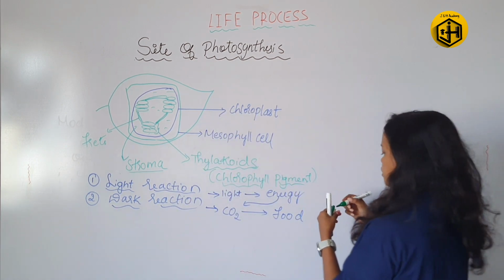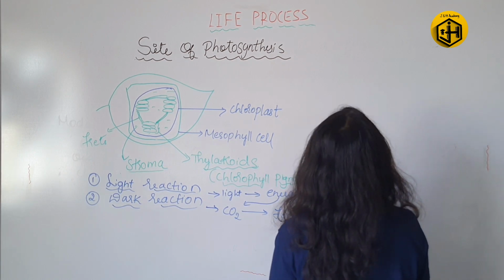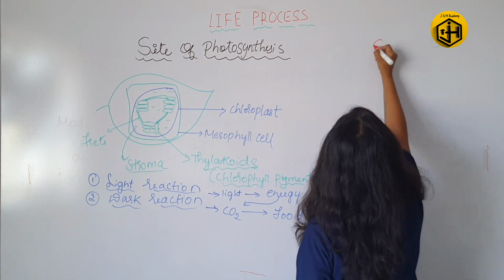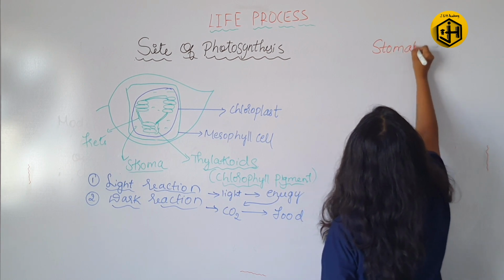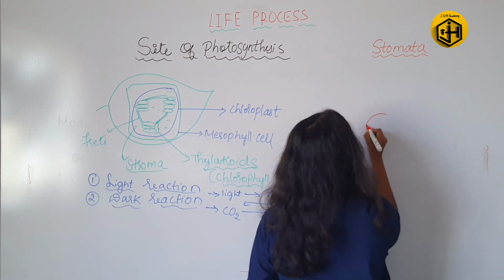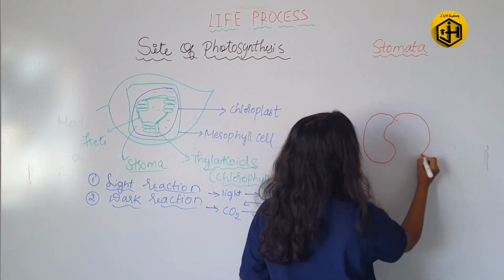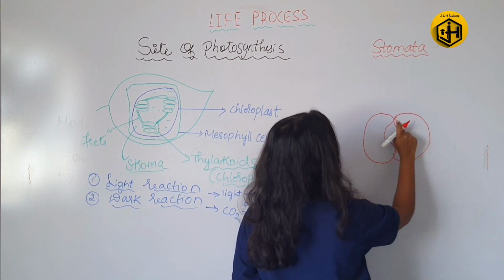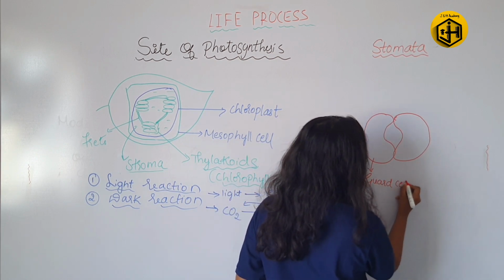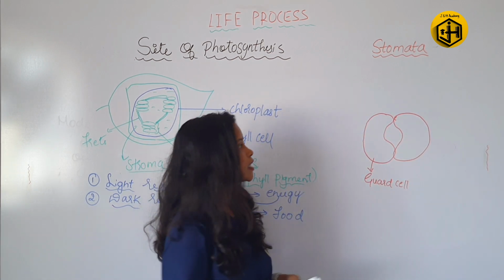See here, let's draw the structure of a stomata. The stomata is made up of two bean-shaped cells called guard cells.